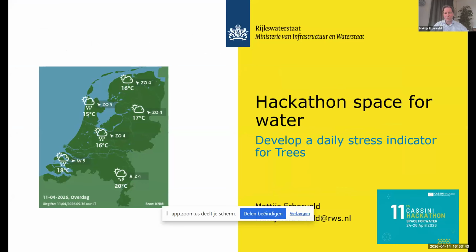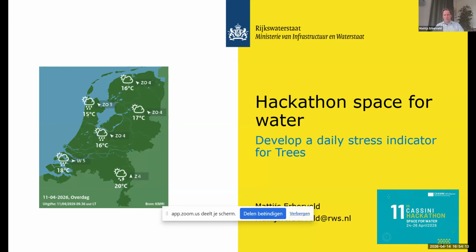My name is Mattijs Erberveld. I work at Rijkswaterstaat, which is in the Ministry of Infrastructure and Water. I'm working on an innovation part of that, looking at the whole of our water and road. We develop the waterways and the roadways, and we are looking at the ecological parts of it.